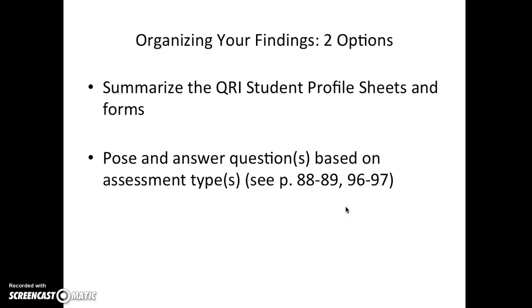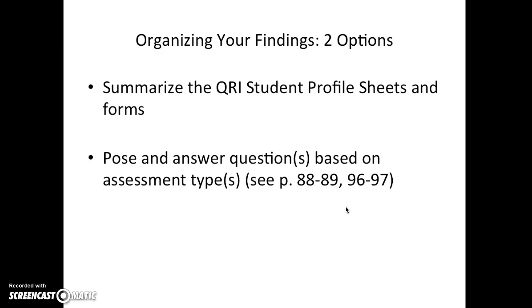Another way to organize your findings is to pose and answer questions based on the assessment type. In other words, the motivation assessment is essentially an answer to the question, how motivated to read is your child? So use the assessments and then the questions that the QRI poses itself. If you look at pages 88 through 89 and 96 through 97, you'll see there's literally questions to be answered by the QRI.